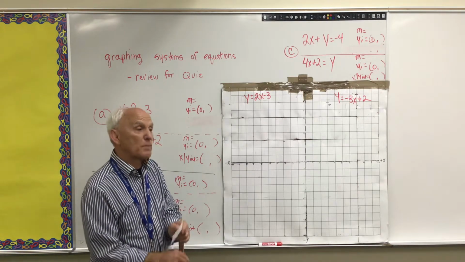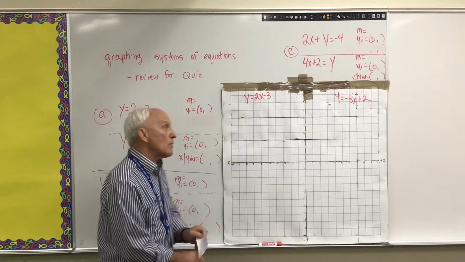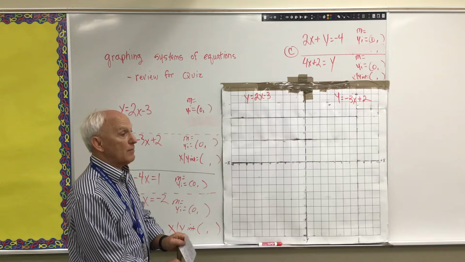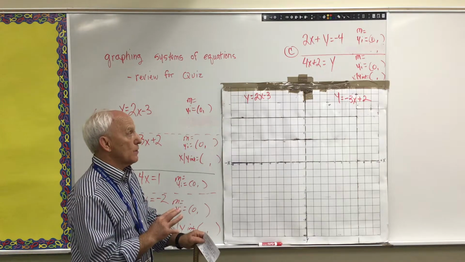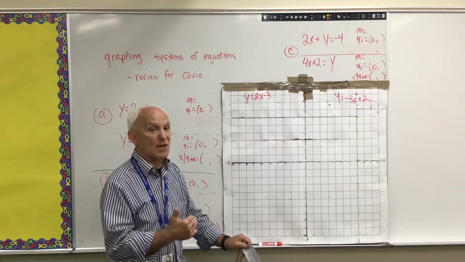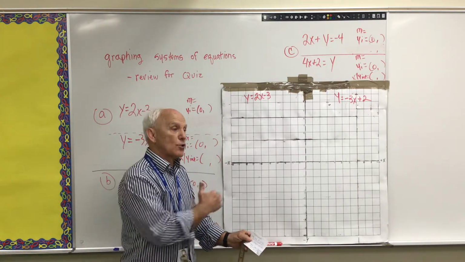Now, when we go through this, you're going to find that you'll have an assignment sheet of 3 problems. So be sure that when you do this, you use the exact steps to finish those problems.